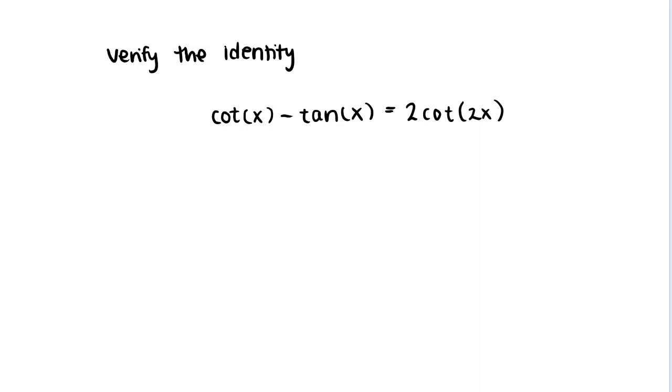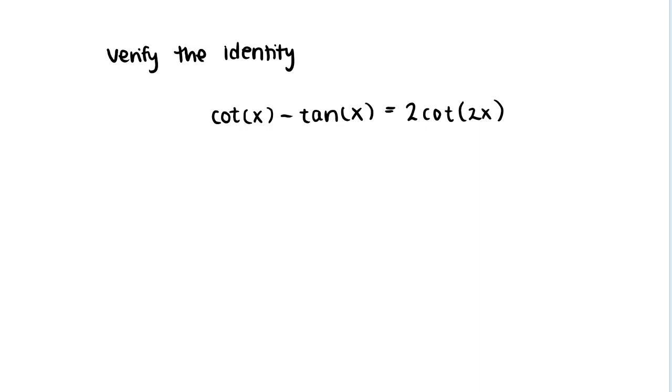When we want to verify an identity, again, we want to show that one side is equivalent to another. So we want to take one of the sides of this equation, manipulate that one side, and see if we can turn it into the other. Usually we want to start with the more complicated looking side and see if we can simplify that into the other side.